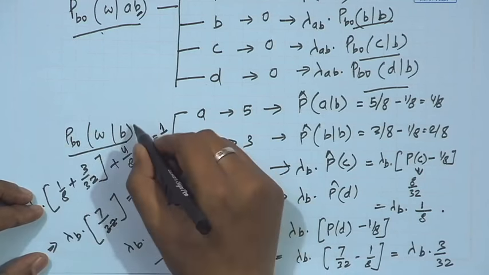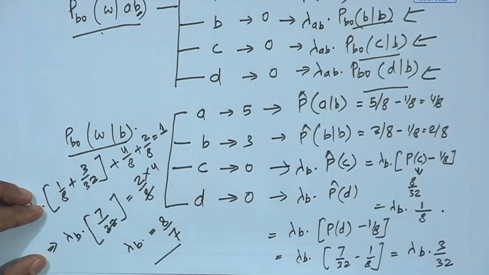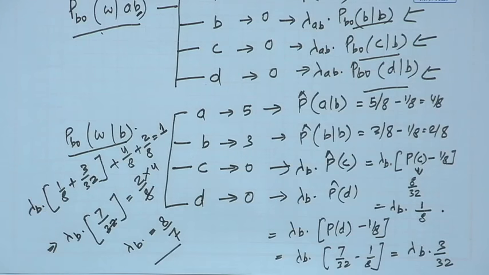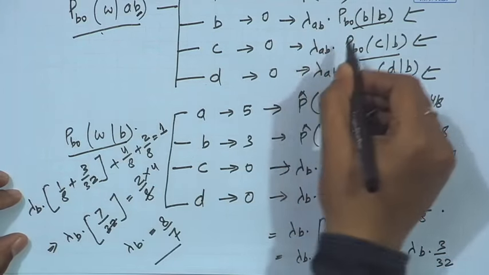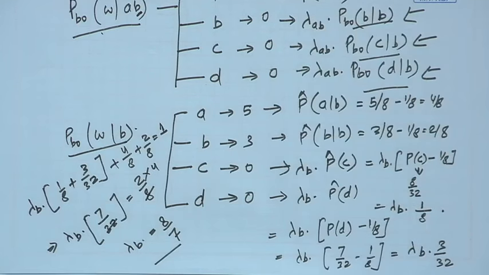Now put this backoff probability here and you have a constant. How do you find this constant? Again you will have to normalize it. Lambda AB times the summation of this plus this probability should add up to 1, which will give you my lambda AB and also give you this probability distribution. So that's how you find the backoff probability distribution using this recursive definition.